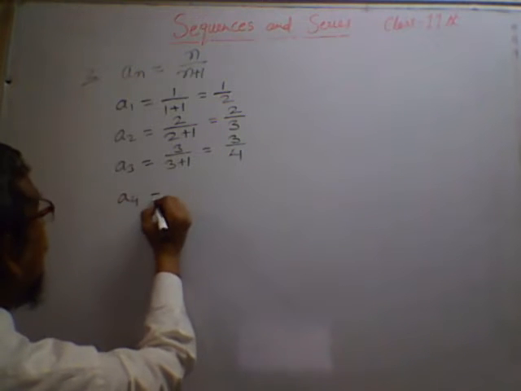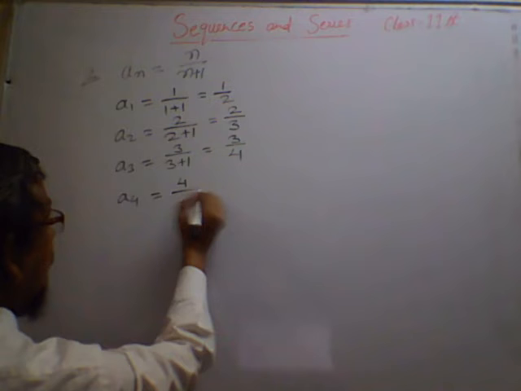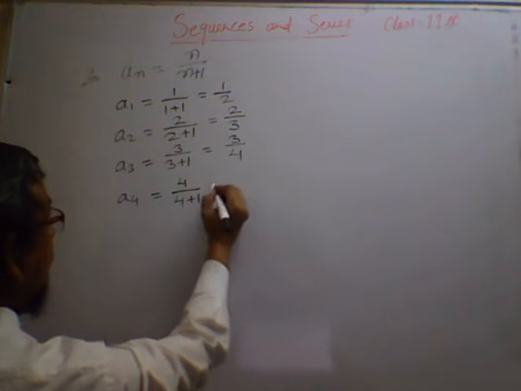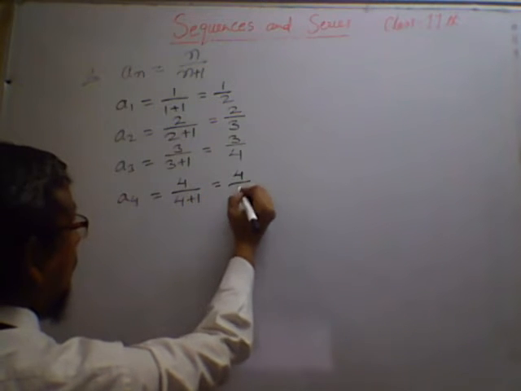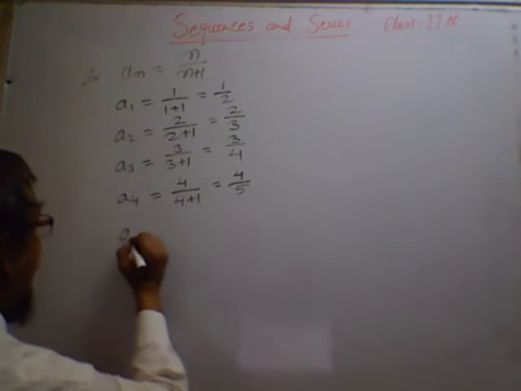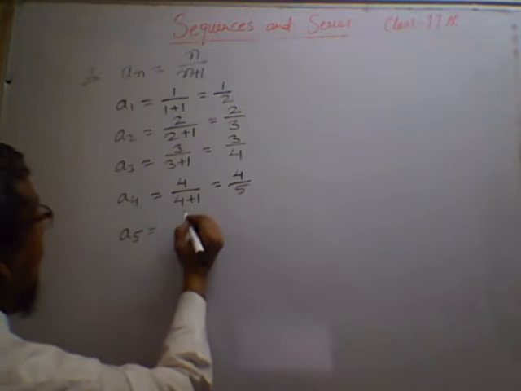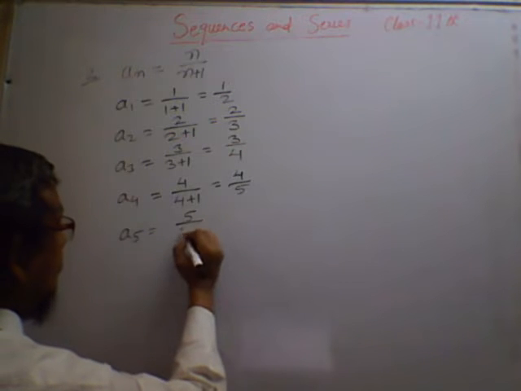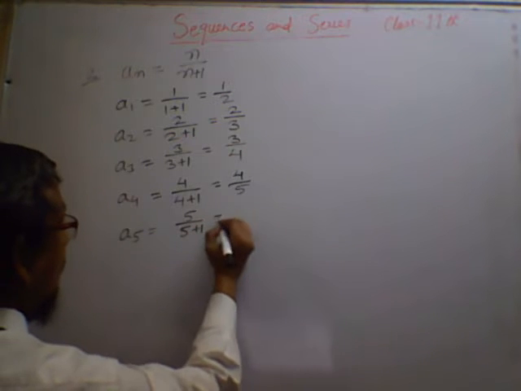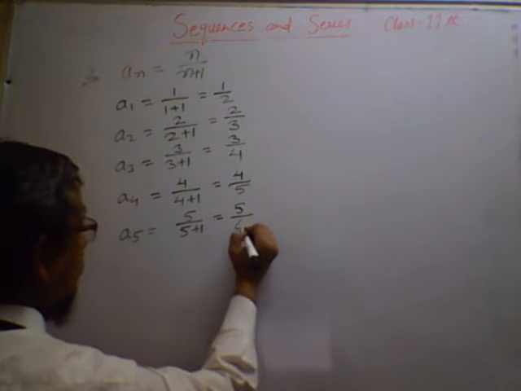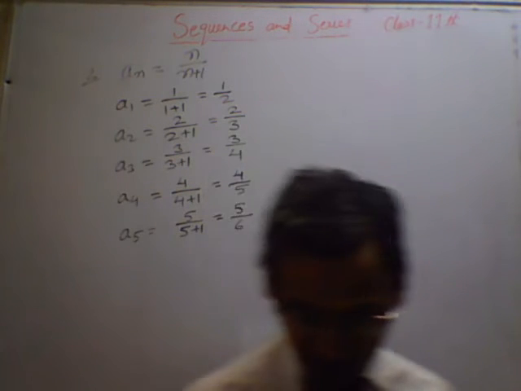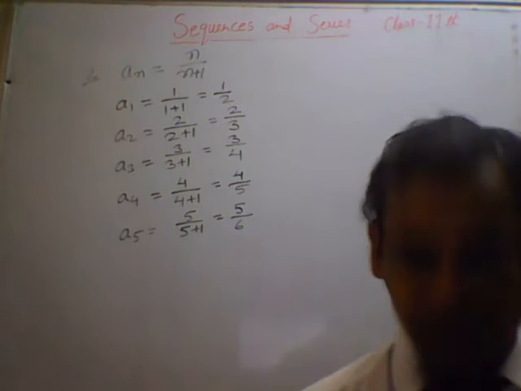A4 equals 4 by 4 plus 1, 4 over 5. And A5 equals 5 by 5 plus 1, 5 over 6. So we have got the first 5 terms.